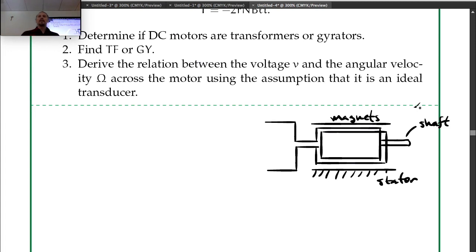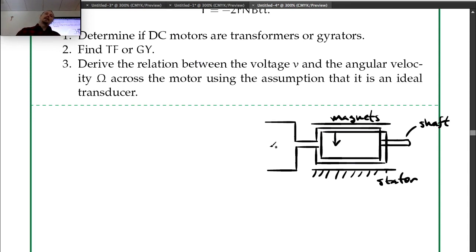Using the right-hand rule and the physics that you learned in physics 2, electronics, you have a force that's generated, say out of the board coming at us, which I'll depict with this arrow, and it wants to then turn the rotor. So you run current through the wire, it interacts with the magnetic field from the magnets of the stator, and then it wants to turn the rotor.